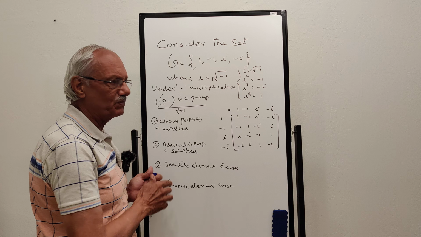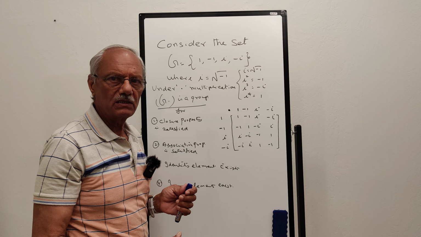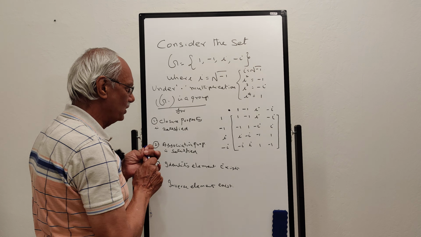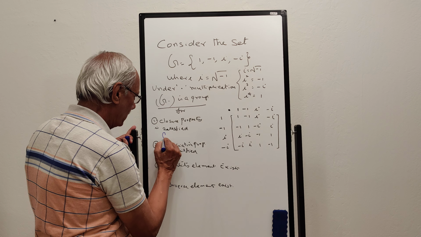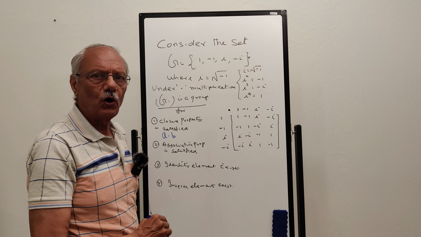Closure property is satisfied. What is the closure property? You take any 2 elements, that means you take a and b, and do the dot operation.